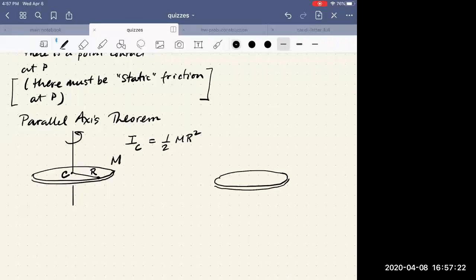But now instead of having the axis at the center, the axis is no longer at the center. I actually make the axis here, let's say at an edge.